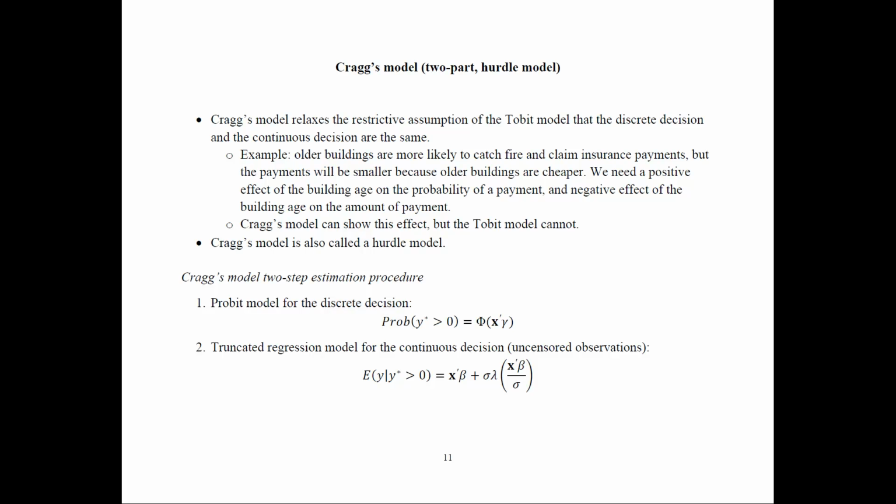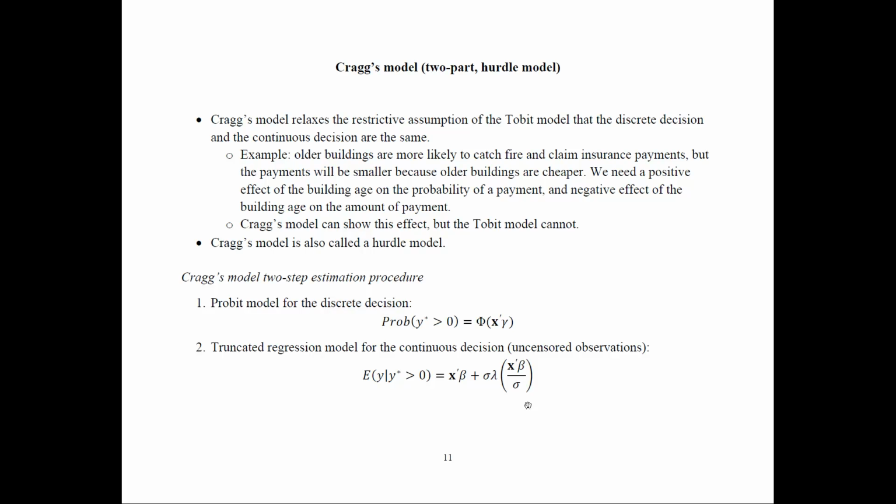So Craig's model two-step estimation procedure is the following. In the first step, we have a Probit model for the discrete decision, and this is the probability of y star being greater than 0, and that's the CDF of the normal distribution. And then we have the truncated regression for the continuous decision, where we have the expected value of y, given that y is positive, being this expression.